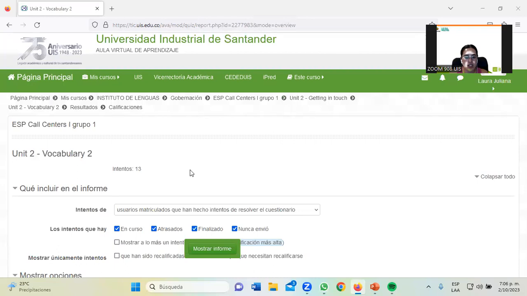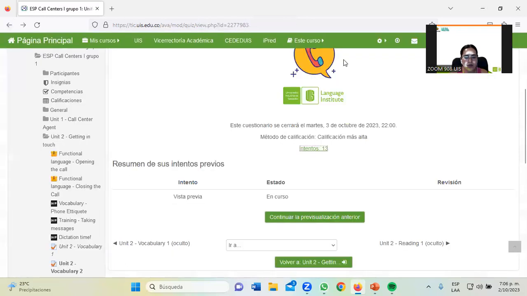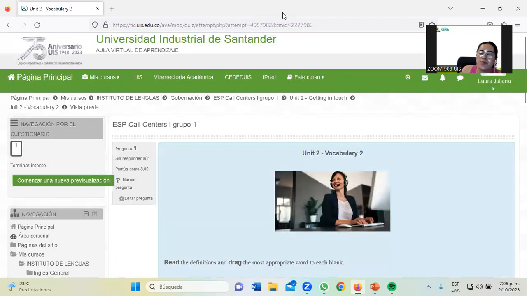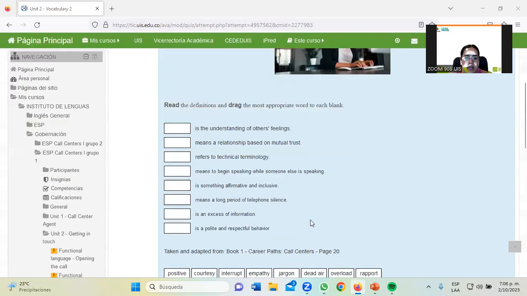All right, guys, let's socialize our answers for this activity, and then we will move on with the role play. Okay, so let's start comparing. For example, Lisette Tarazona, the first one, tell me what is the word, and then you read the definition. Okay, teacher.